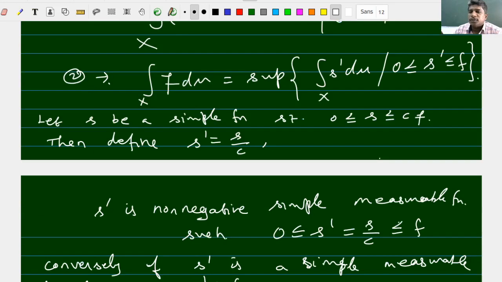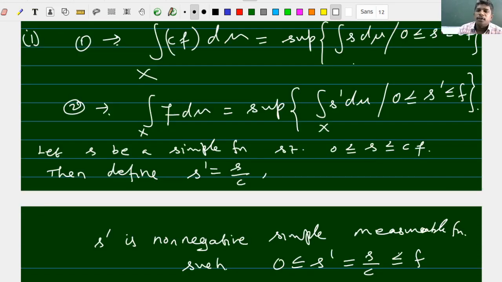So the simple functions accommodated in equations 1 and 2 are equal.